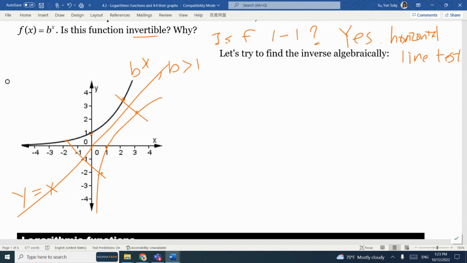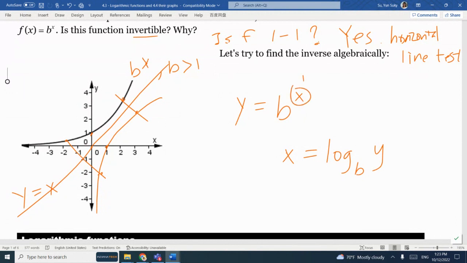All right. Okay, so y equals b to the x is the exponential function. And now the inverse function, we have x equals log b of y.